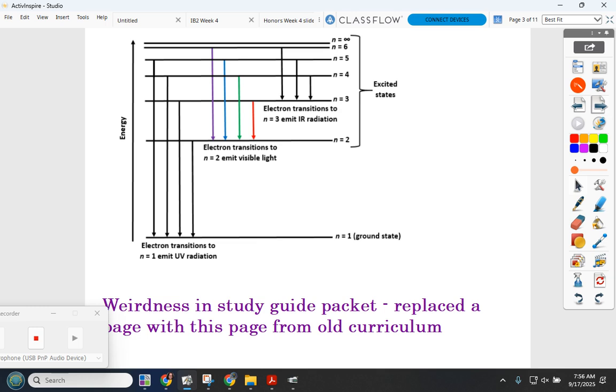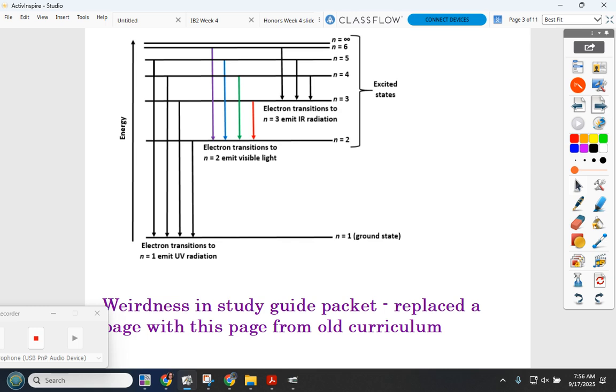The smaller transitions to energy level 3 we can't see because they're too small in energy, longer wavelength, infrared. The bigger jumps going down to the ground state, n equals 1, have shorter wavelengths that we can't see. They'll be in the UV.